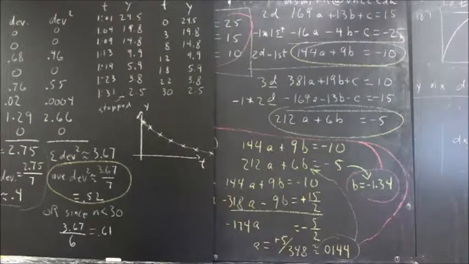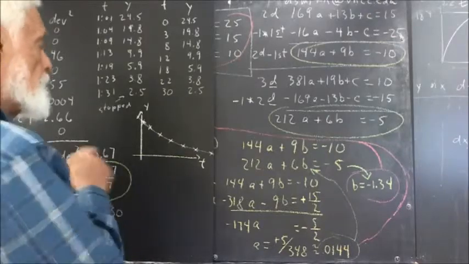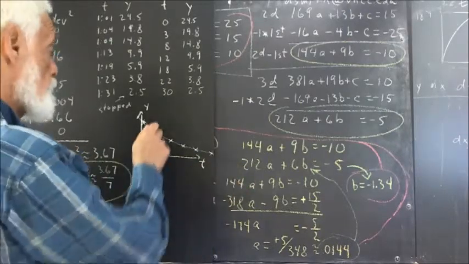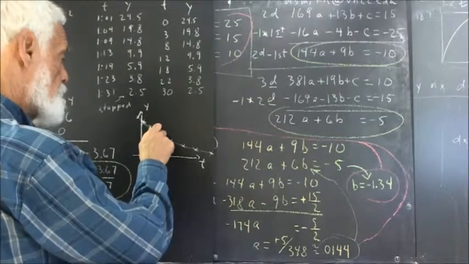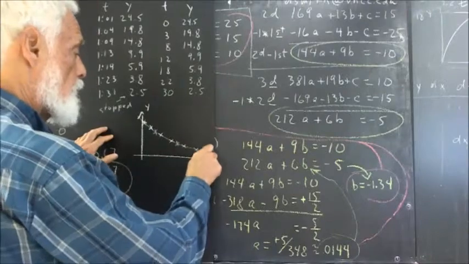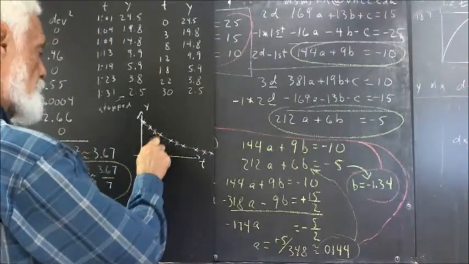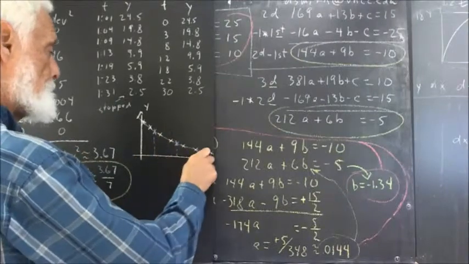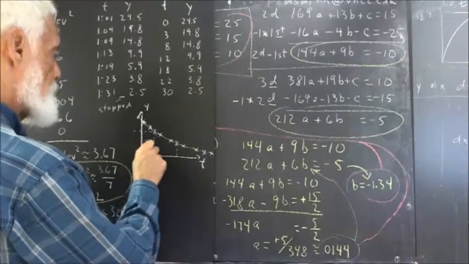Now, what we do next is very similar to what we did with the linear model. I pick 3 points on this curve. Okay, so I sketch my curve, I pick 3 points, 1, 2, 3. And I estimate the t-coordinates, and I estimate the y-coordinates of these 3 points.